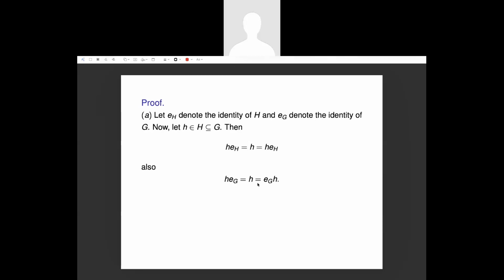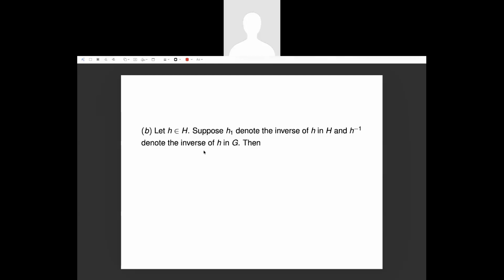We have h e_H equals h and h e_G equals h. Then by the cancellation law, we can find that e_H equals e_G. So the identity element of G and the identity element of H are the same element.